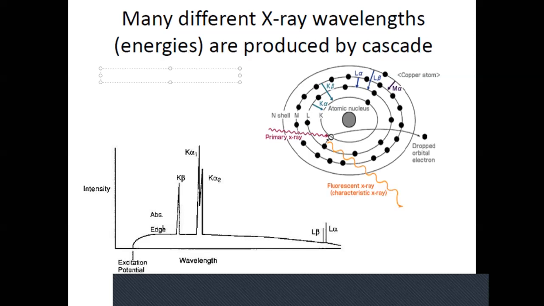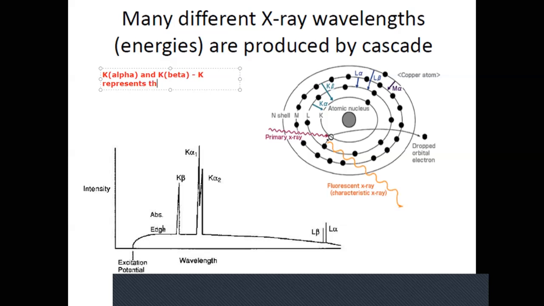So for example, K alpha and K beta, the K represents the energy level that the electron went to. So whenever you see K alpha or K beta, that means an electron from a higher energy level fell down to the first energy level.